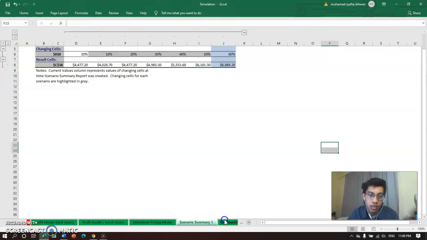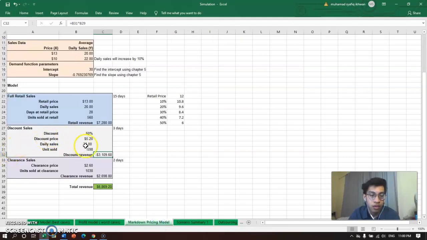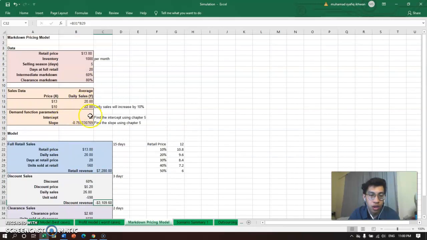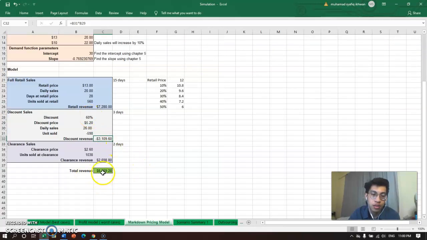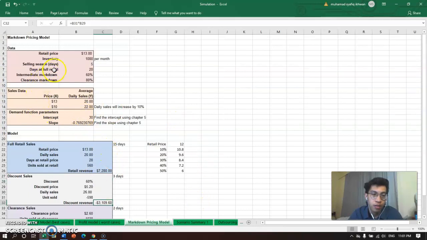After calculating it, I'm changing it from 20% to 60% for the discounted sales. So I can get a higher total revenue, which is 6,869 ringgit 20 for my total revenue if I revise my intermediate markdown or discounted sales to 60%.